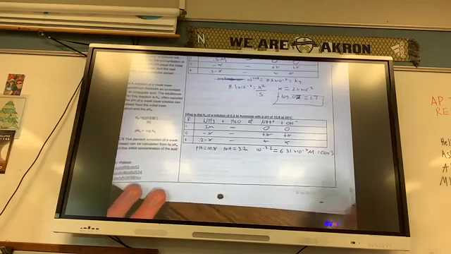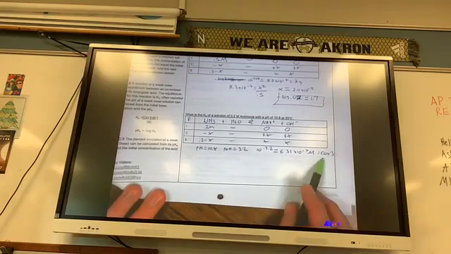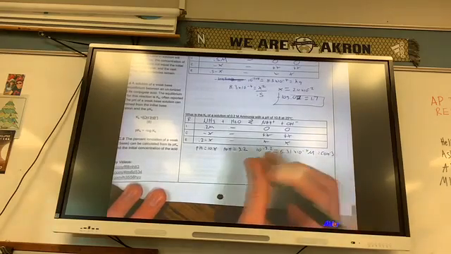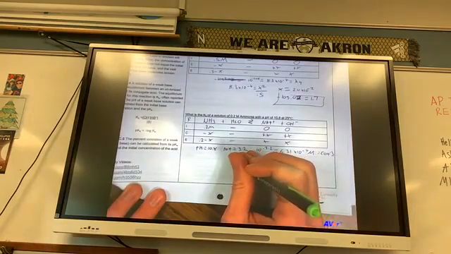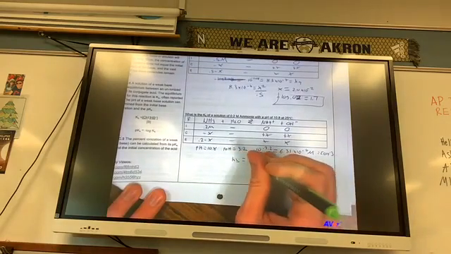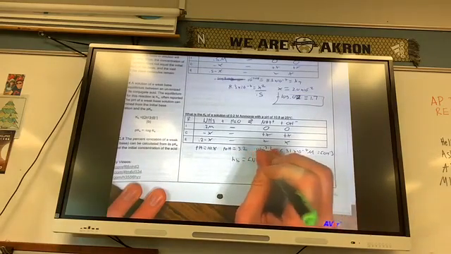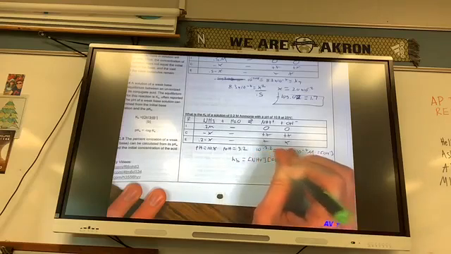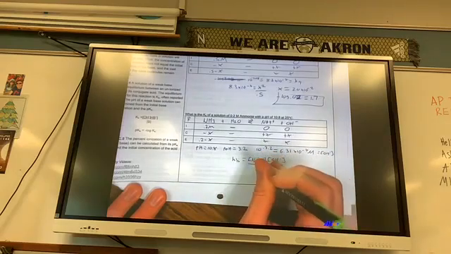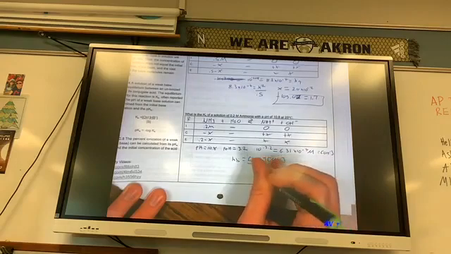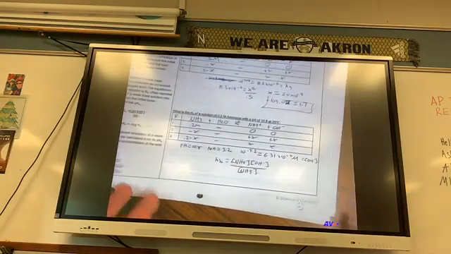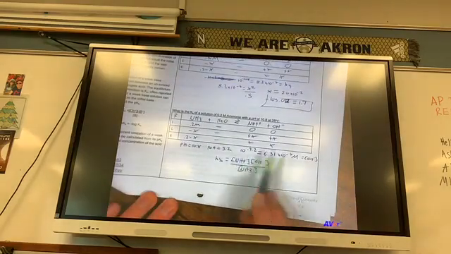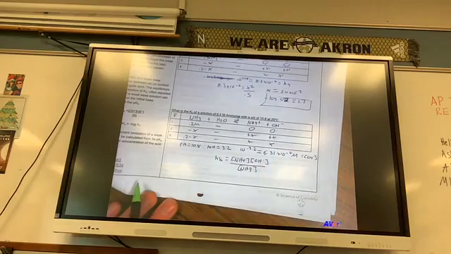Concentration of hydrogen, because on this I have 6.31 times 10 to the negative 4th, right? So if I write out my Kb, Kb equals the concentration of NH4 times the concentration of OH minus over the concentration of NH3. But OH minus is going to equal NH4 because that's x and x, yes? Agreed?